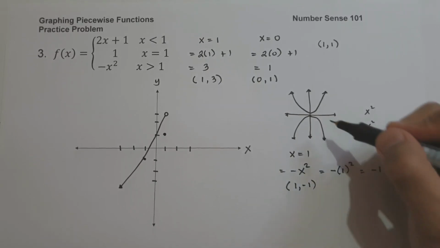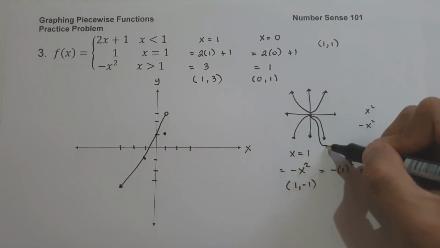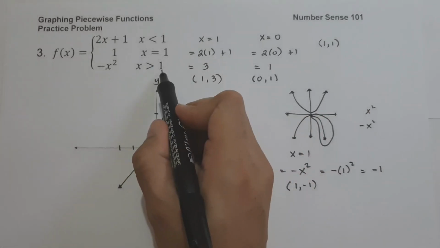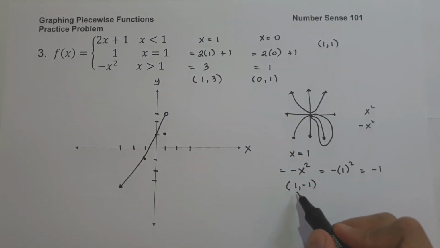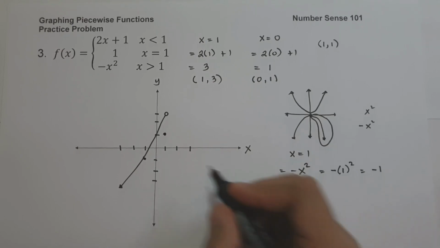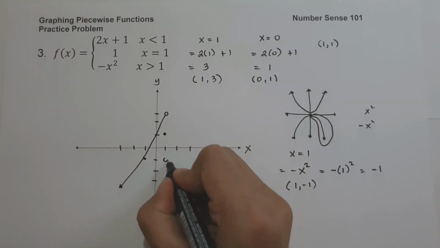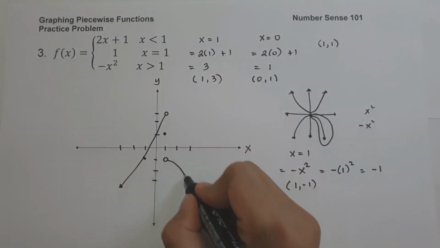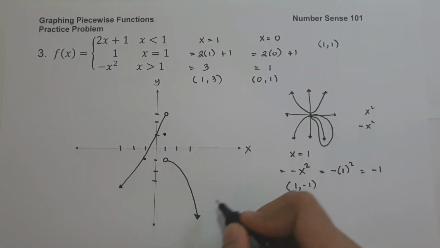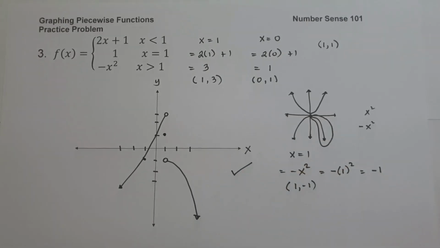Meaning to say, we only need this part of the graph because x is greater than 1. So the plot of 1, negative 1 is an open circle because we use greater than, and it opens downward. And this will be our answer.